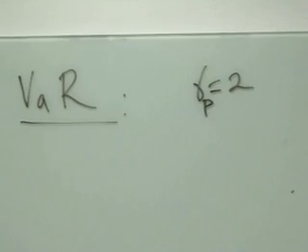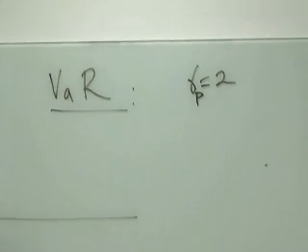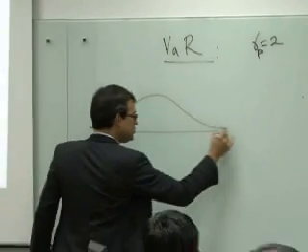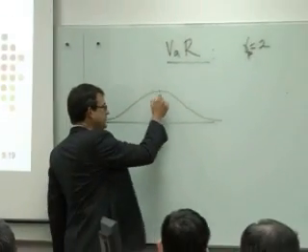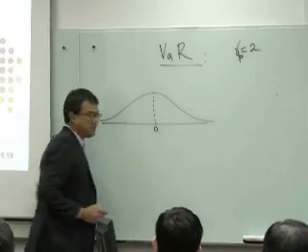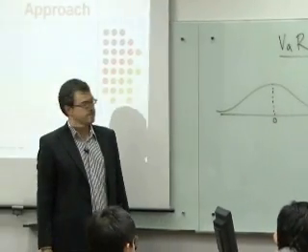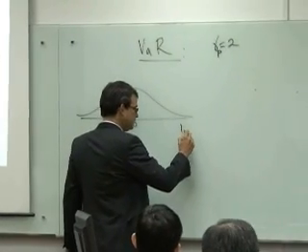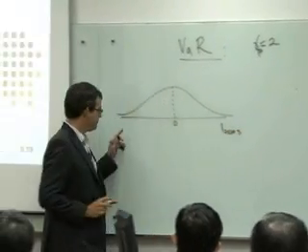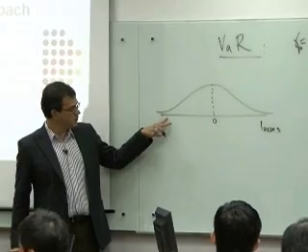Okay? So what we said last time is, let's begin by assuming that the losses of this portfolio are normally distributed. So they are normally distributed like this. Suppose that the mean is 0 for this. Okay? So remember, these are the losses. Here we would be talking about losses.